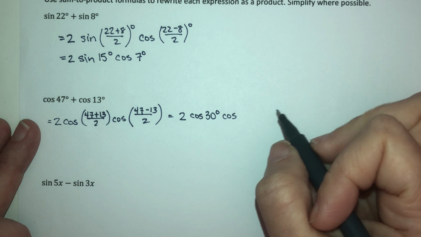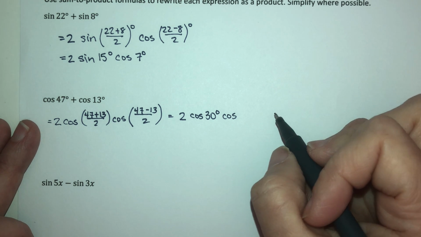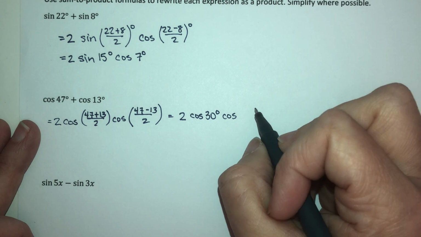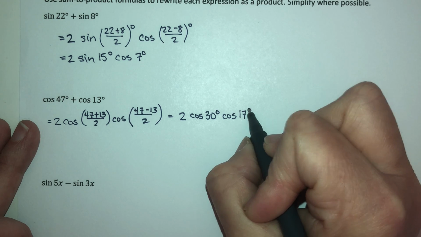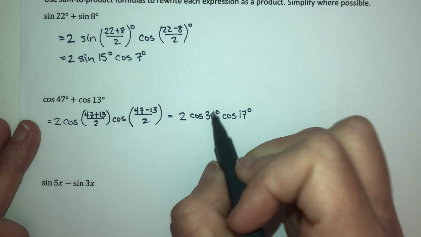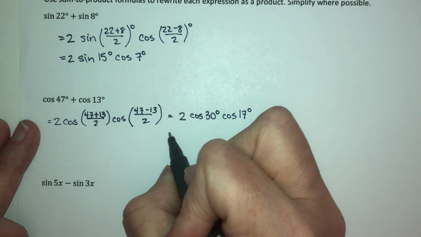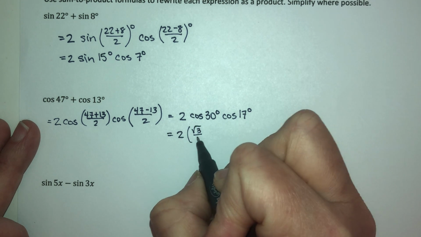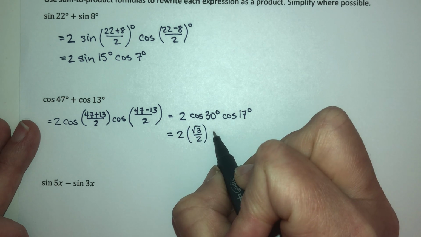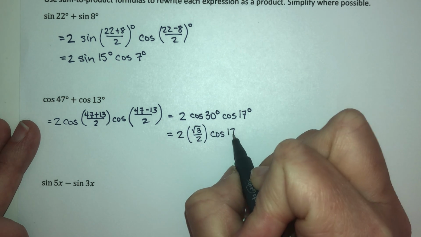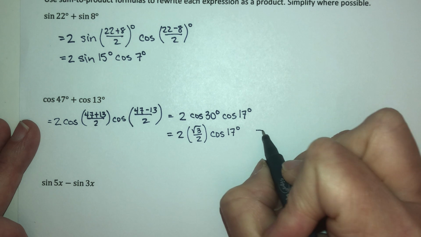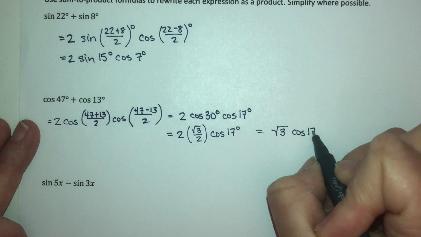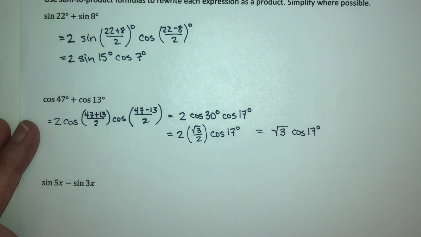Cosine of 47 minus 13 is 34, 34 divided by 2 is 17. Now we do know cosine of 30 degrees, which is square root 3 over 2. So simplified, this is the square root of 3 times cosine of 17 degrees, which we don't know. That's as simple as that one's going to get.